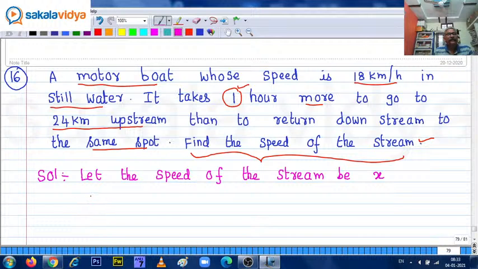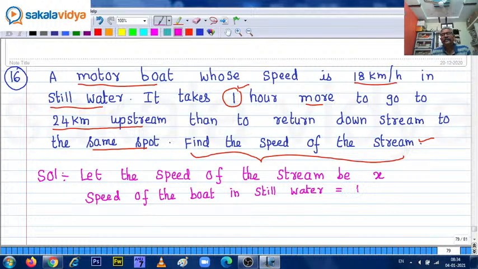Next, speed of the boat in still water. In still water, if the water does not have any movement, then it's called still water. The speed of the boat in still water is equal to 18 kilometers per hour.